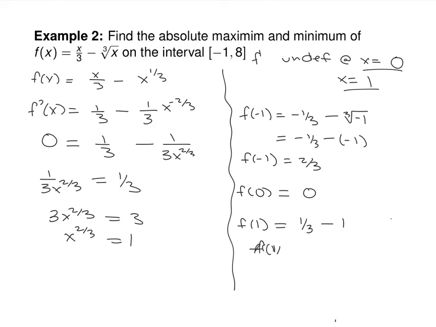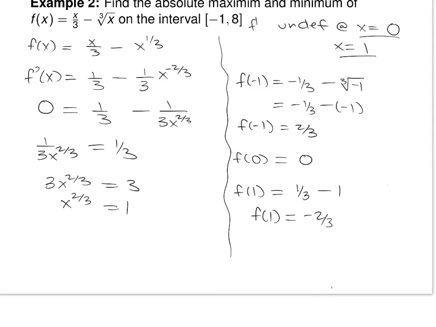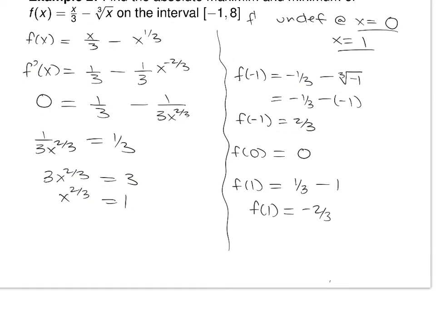So far. I don't know what the last one is. I've worked it out before, but not recently. So it's possible, yep. F of 8 is 8/3 minus 2. So f of 8 is 2/3.